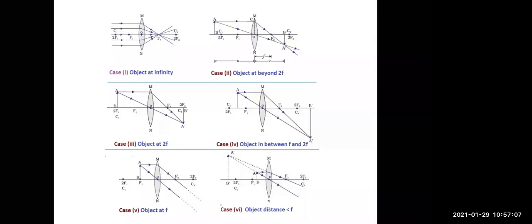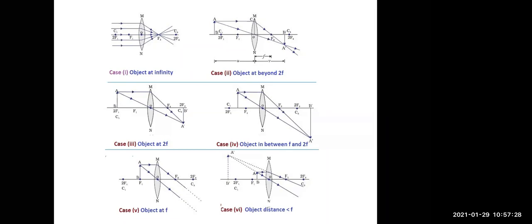Here you can see that with the intersection of the refracted rays, an image is formed, that is A dash B dash, and it is an inverted image. The size of the image is also smaller than the size of the object. As you can see here, AB is a little bit bigger than A dash B dash.